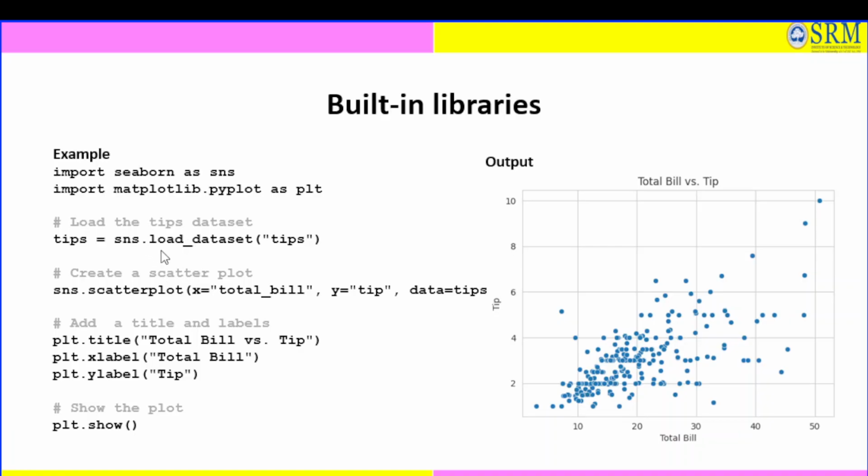I'm going to load this particular data set called tips, and you can find out the relationship between the total bill and the tip by using this scatter plot. So this is one feature.